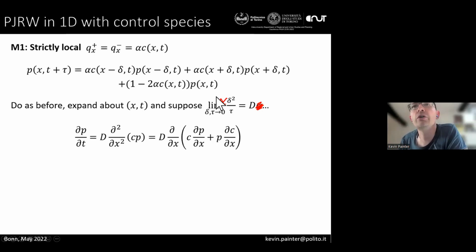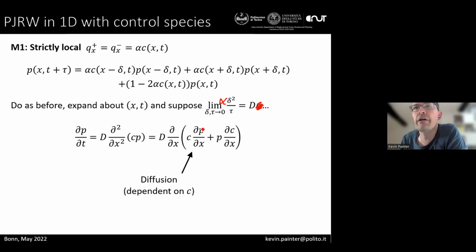Okay, so you take that limit, and in this case, in my macroscopic model, we now get a macroscopic equation which depends on both C and P, and expanding it out, I can write it in this form here.